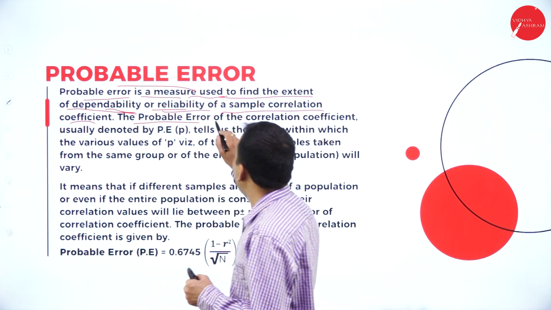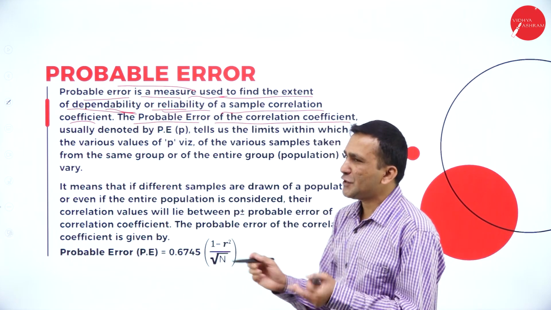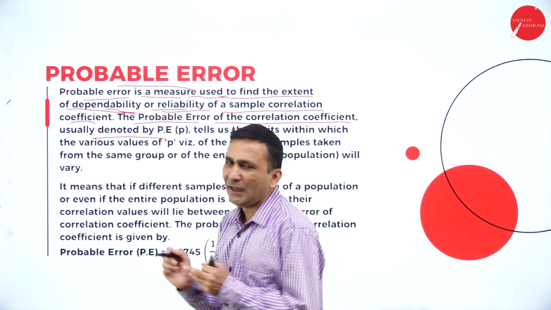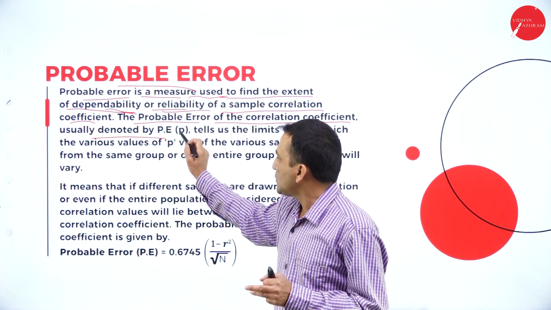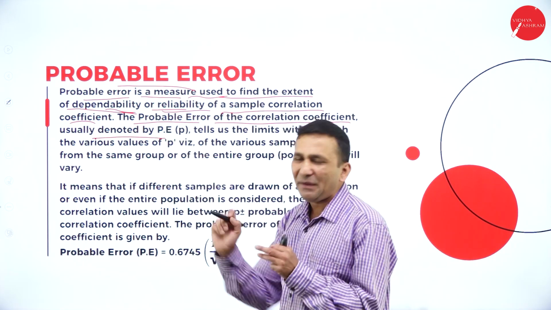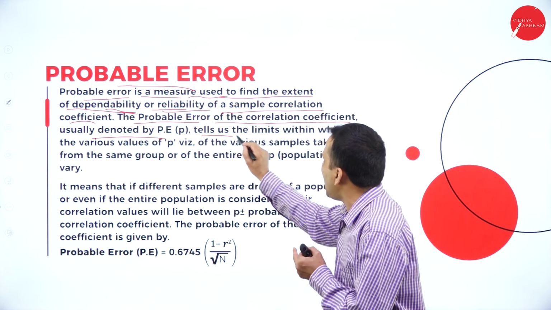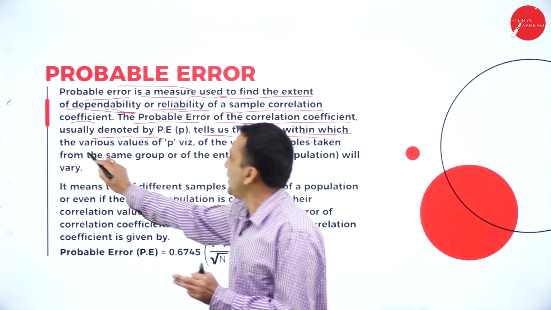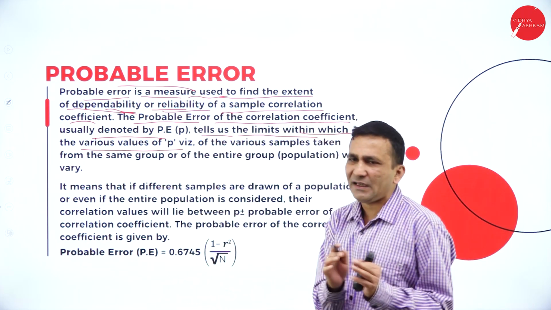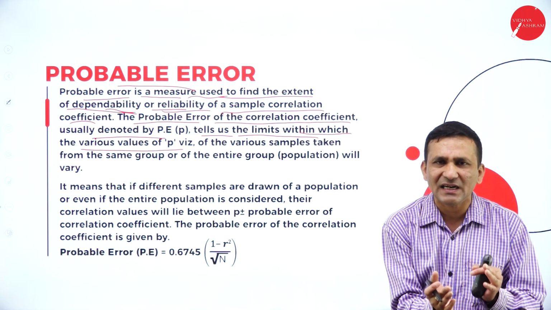The probable error of the correlation coefficient is usually denoted symbolically as P.E., where P stands for probable. It tells us the limit within which the value of r lies.